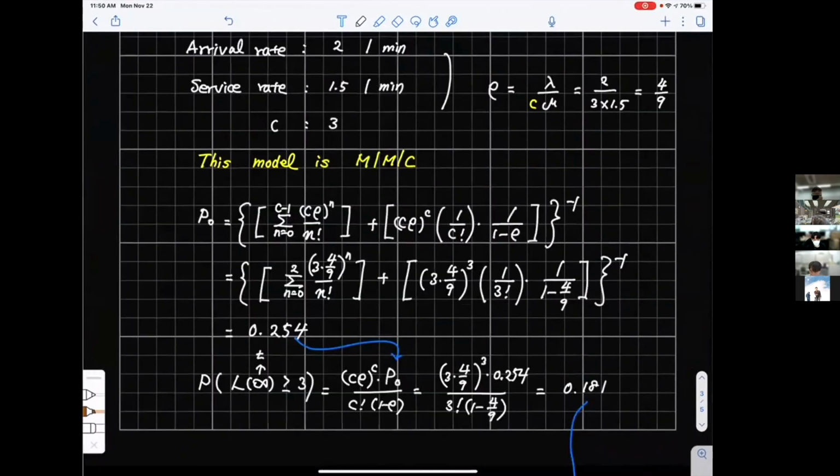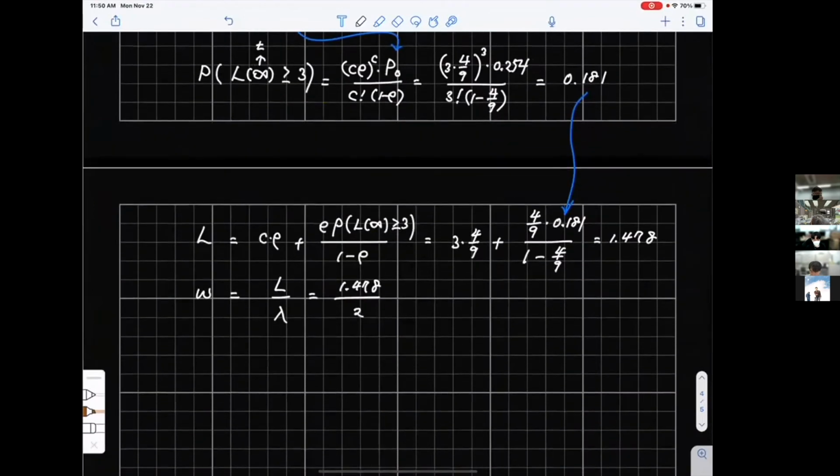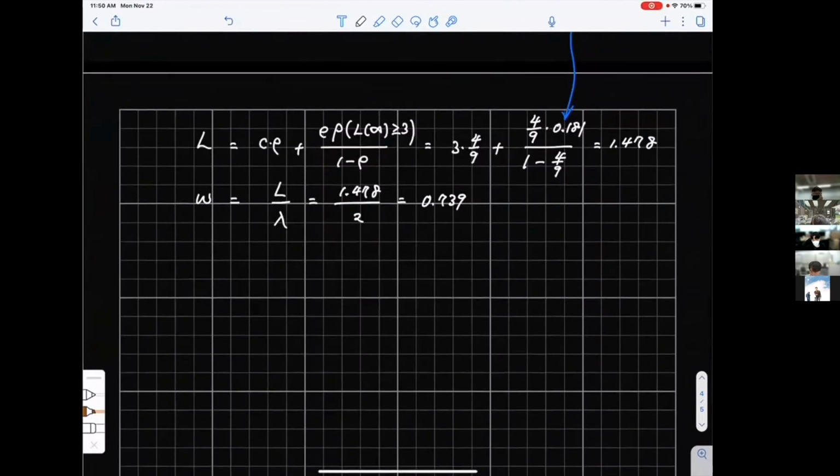What is the lambda? It is 2. And this becomes 0.739. And the waiting time in the queue is W minus TE. Actually, this is TE, but in this term, it became 1 over mu.